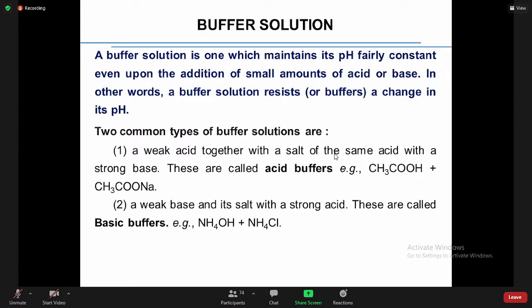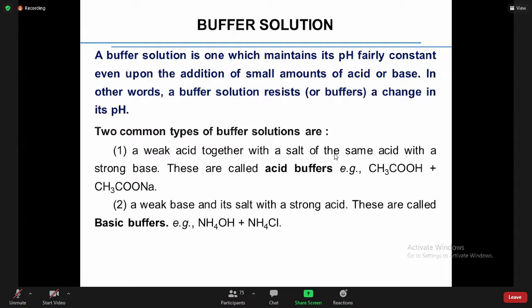Yes, sir. And when you add a very small amount of acid or base, not any amount, the change in the pH of that solution will be negligible. That means it will have some change, but that will be a negligible change.